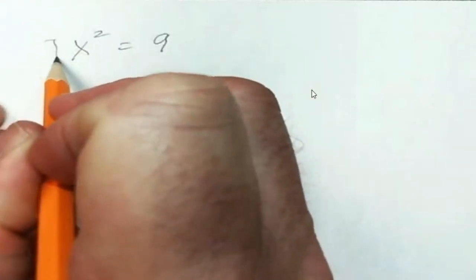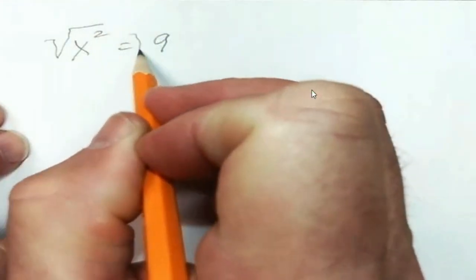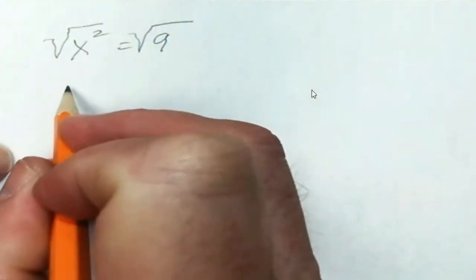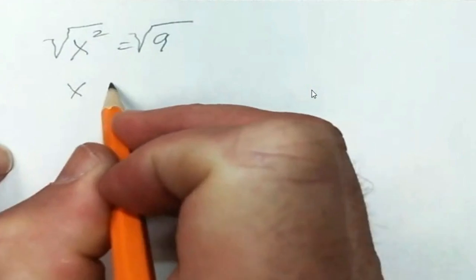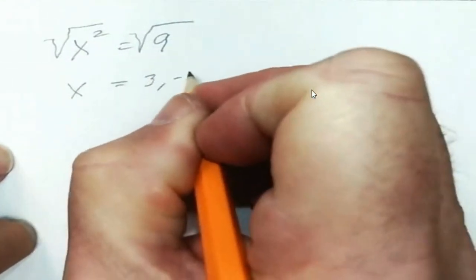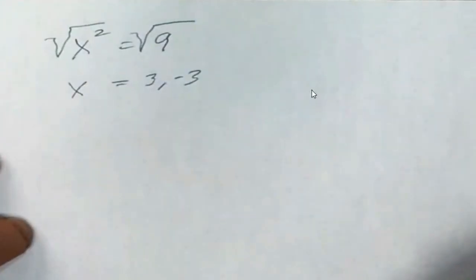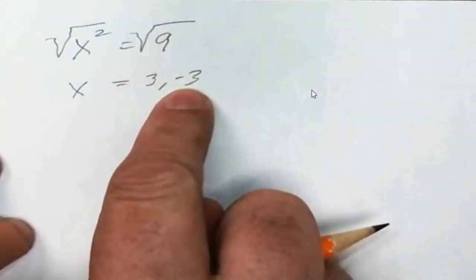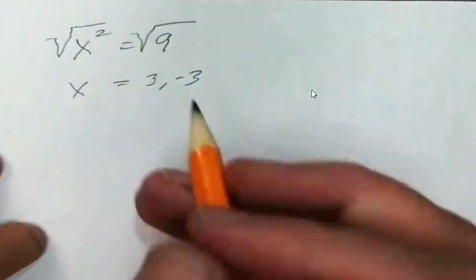The opposite of squaring is square rooting, so the square root of x squared is just x. The square root of 9 is 3 or negative 3. There are 2 solutions: 3 squared is 9, and negative 3 squared is 9.